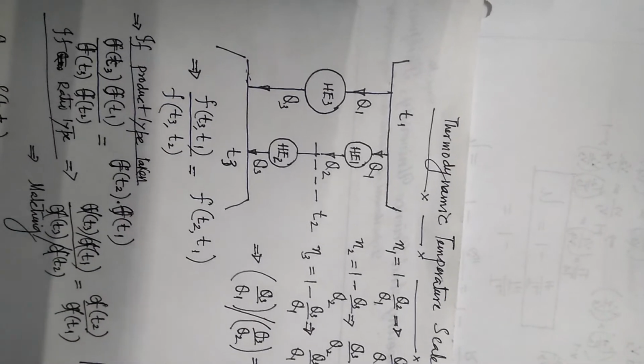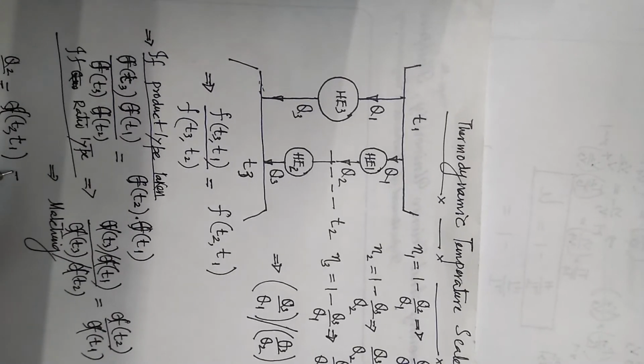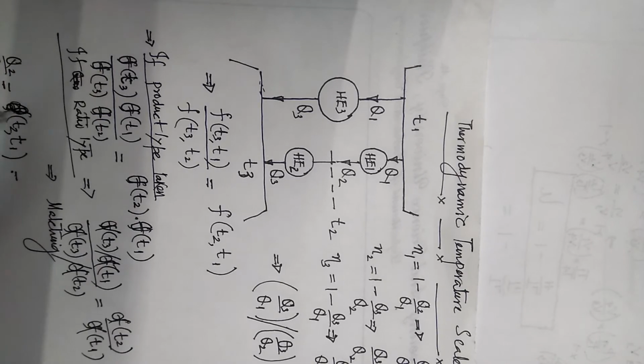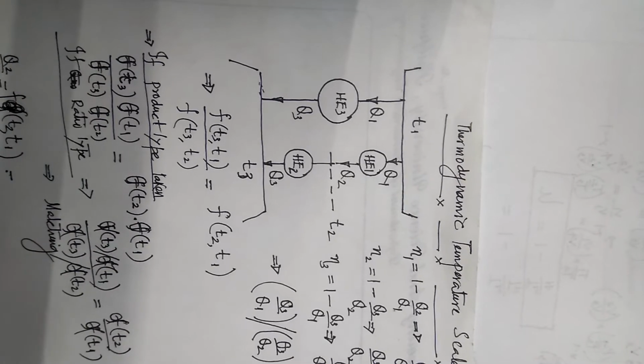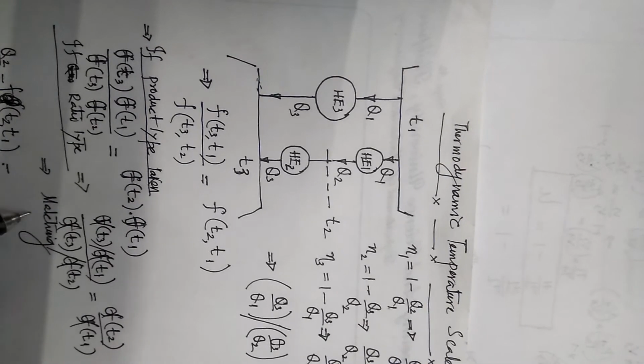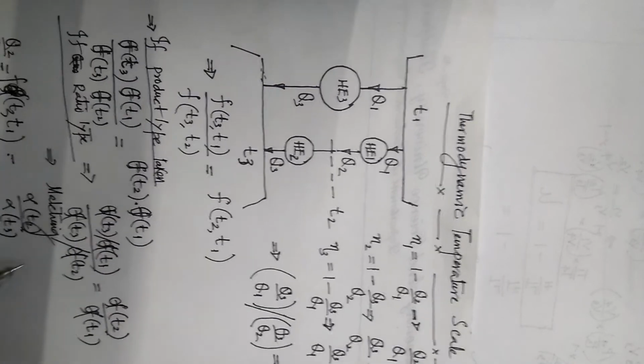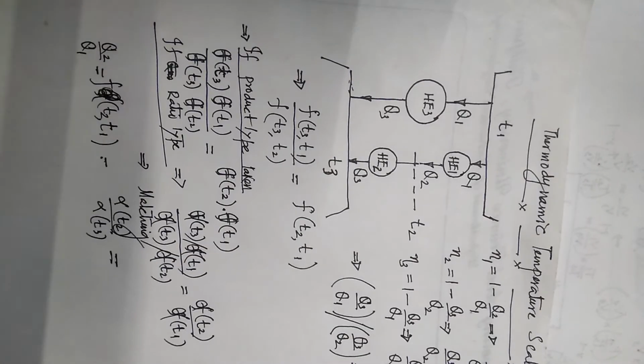A small correction you make. So this must be like this. So this is f of T2 comma T1. This must be of the type alpha T2 by alpha T1. So what does it mean?